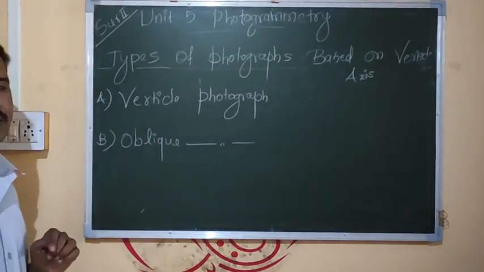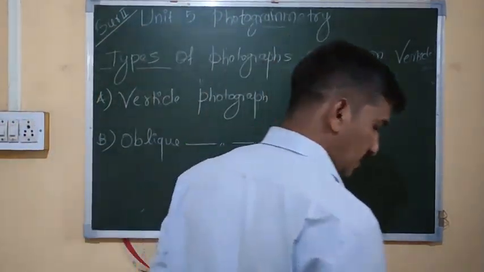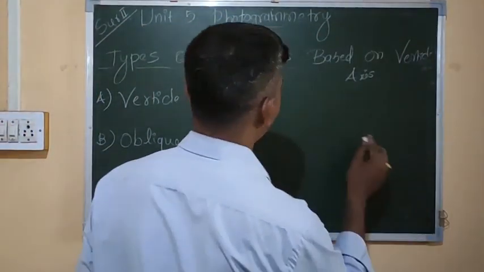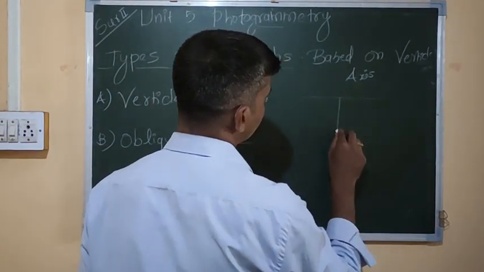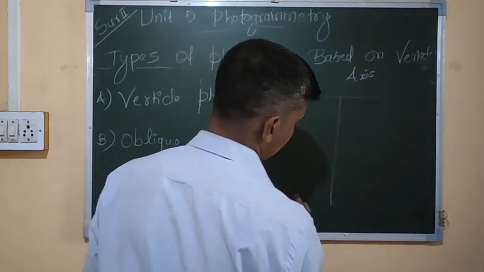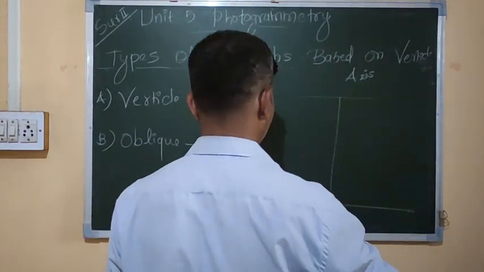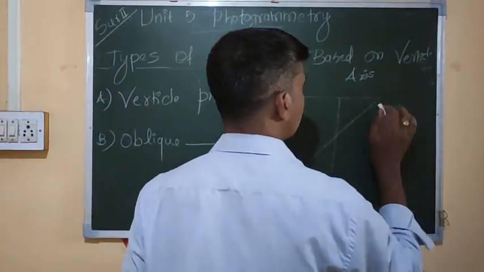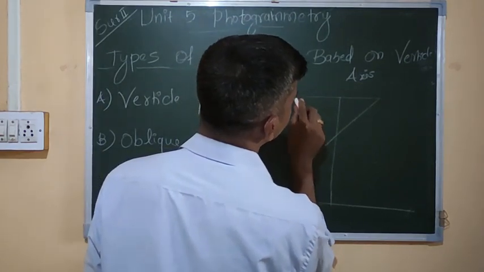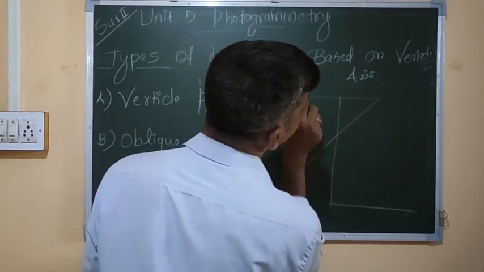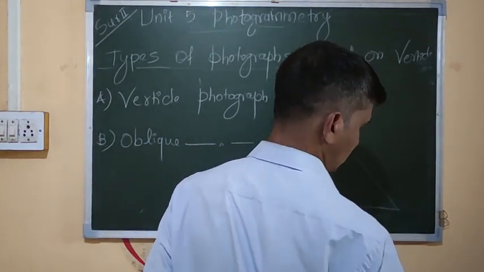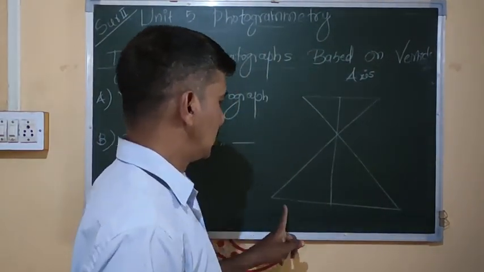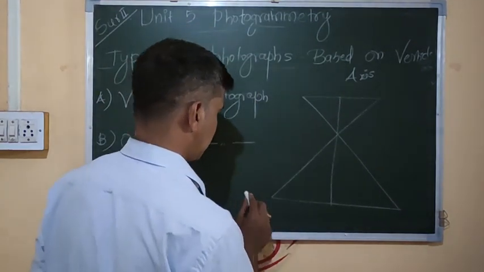Let us see what is a vertical photograph. In a vertical photograph, if I draw a figure, here this is our datum plane.